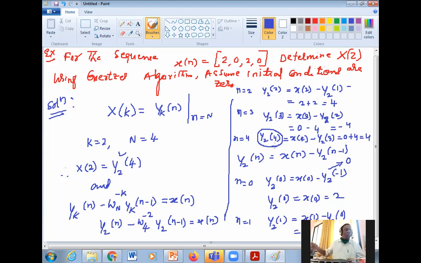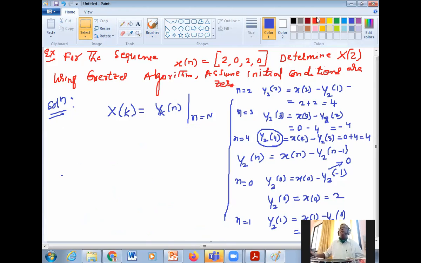So we can write the final answer: according to this formula, x of 2 is equal to y2 of 4, which is equal to 4.